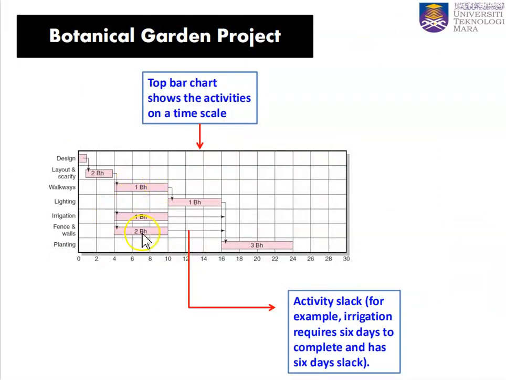The 3 activities can run concurrently, and all of them can only be done after the layout and scarify. They cannot come before it; they have to come after it, and they can be done concurrently.